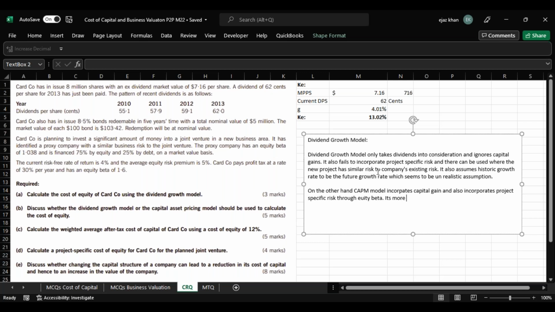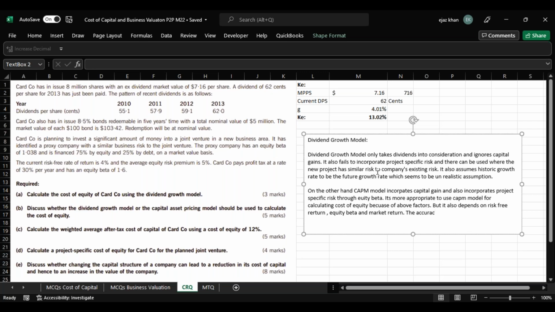It's more appropriate to use the CAPM for calculating cost of equity because of the above factors, but it also depends on the risk-free return, equity beta, and market return.